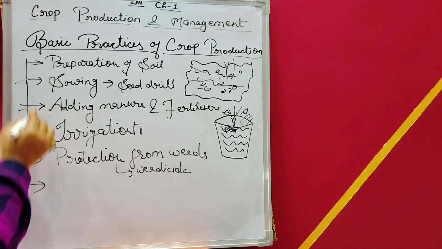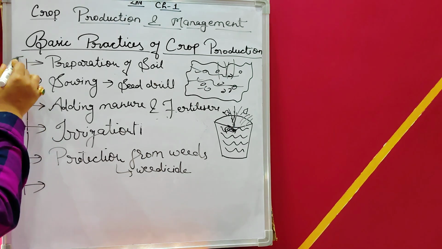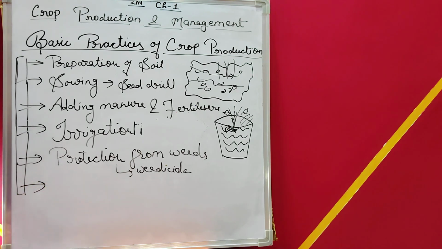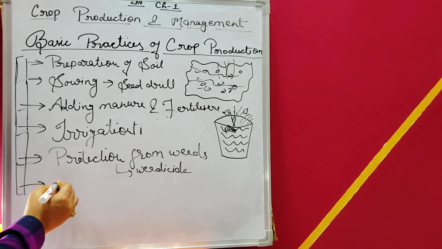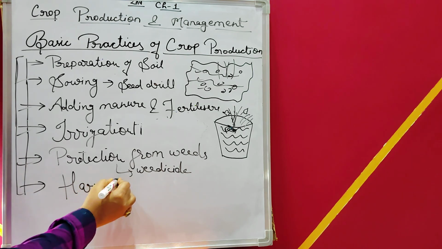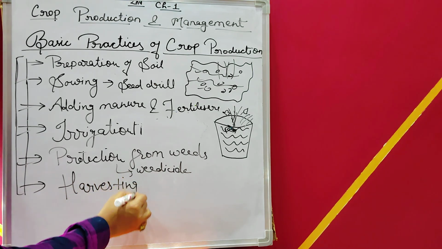After this hard work, which takes 3 to 4 months, there is a time when the farmer needs to cut the crop or pull out the crops. This cutting of the crops is known as harvesting.